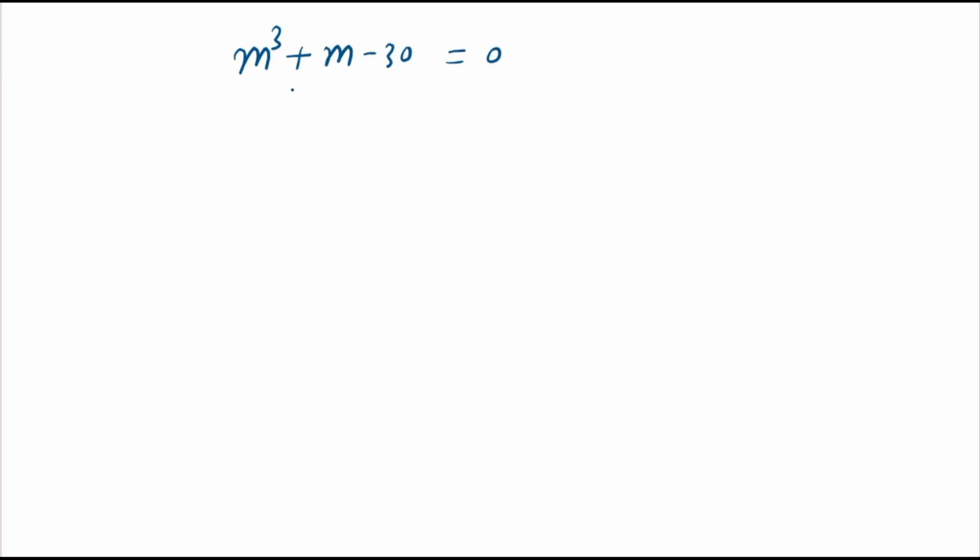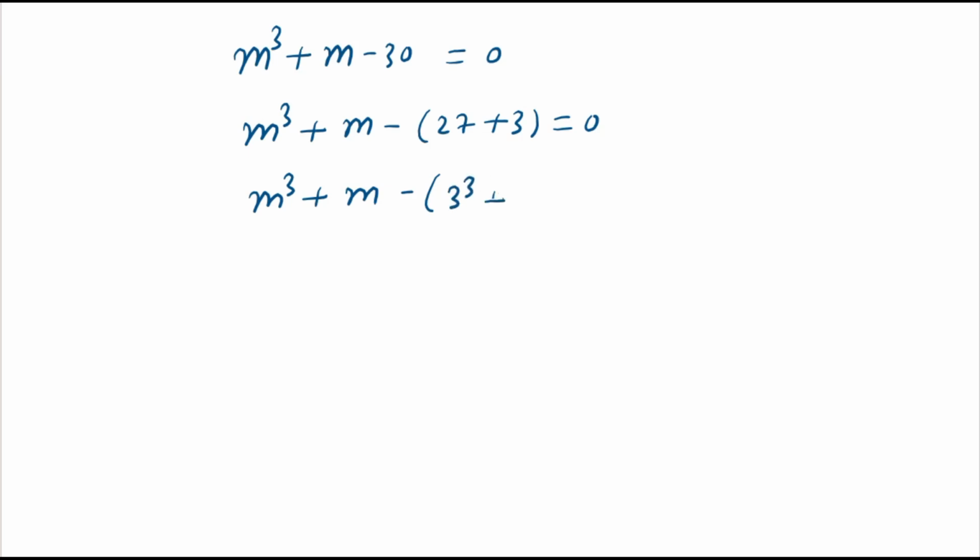So first we will factor this cubic equation. m^3 + m - 30 is the same as m^3 + m - 27 - 3 = 0. Here 27 is 3^3, so m^3 + m - 3^3 - 3 = 0.